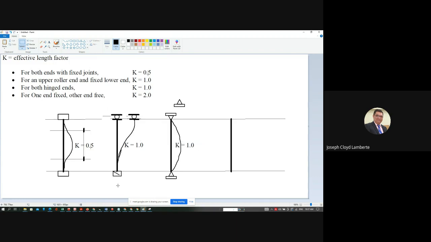While fix ang other side sa isa, free ang end.